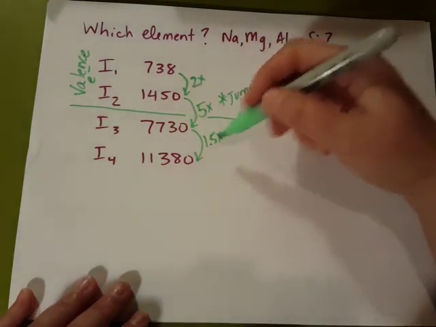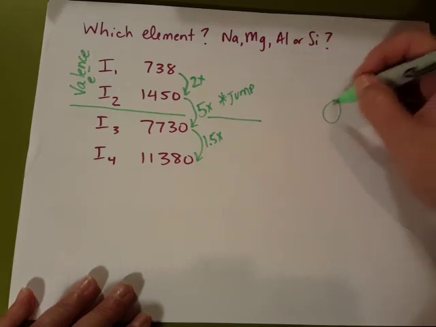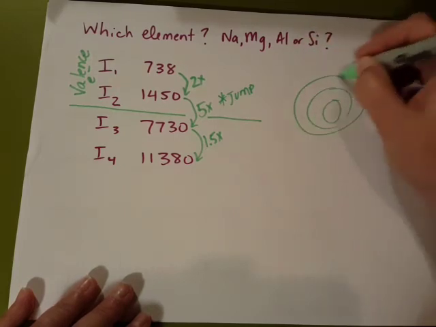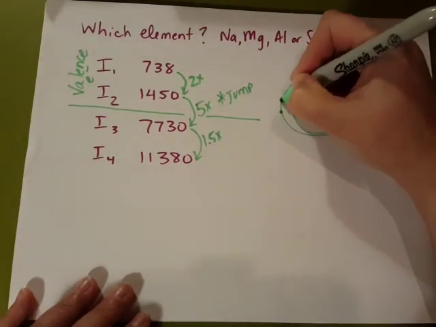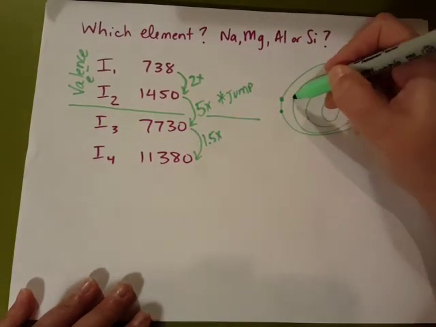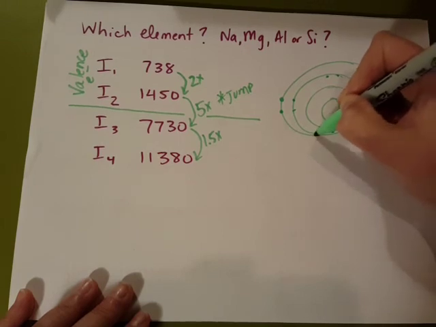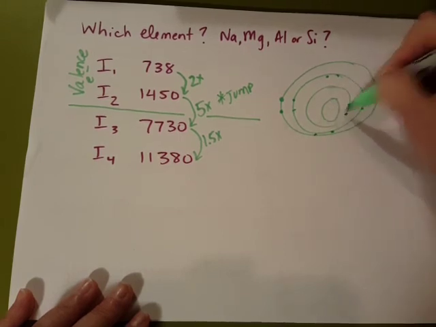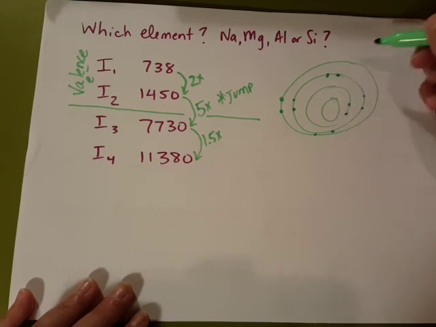So if we were to draw out sort of a Bohr diagram, we can imagine these 2 electrons being in the outermost shell, and that this one might have been one of the ones from the inner energy level, the one that's stable already.